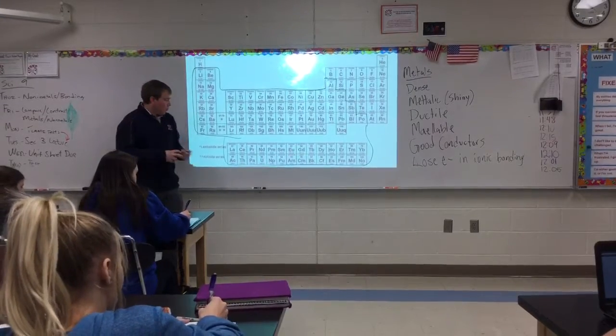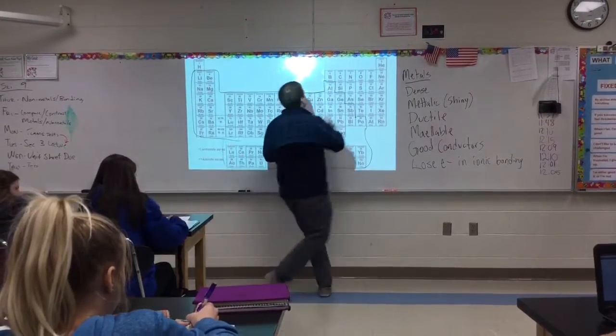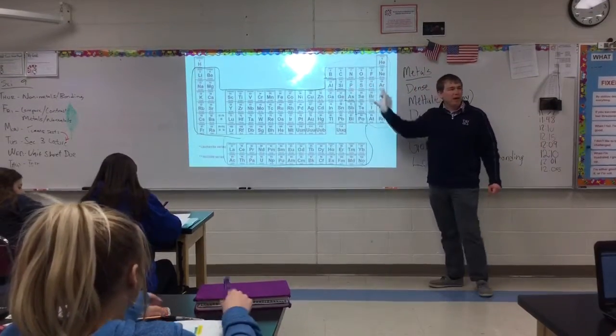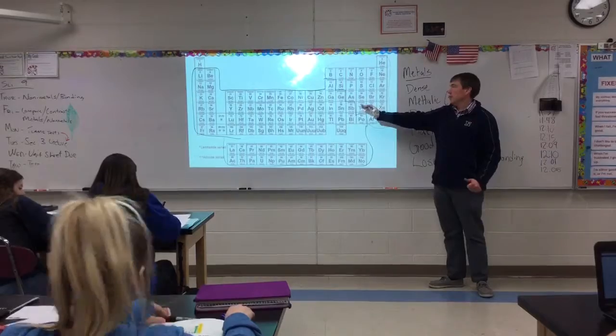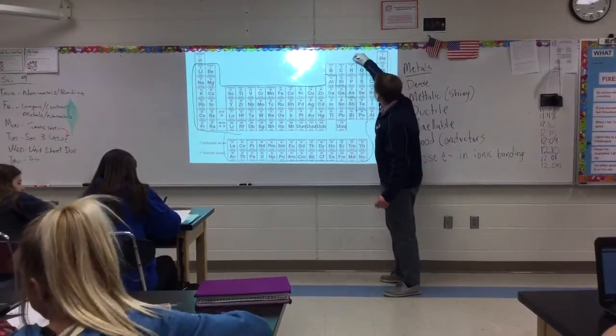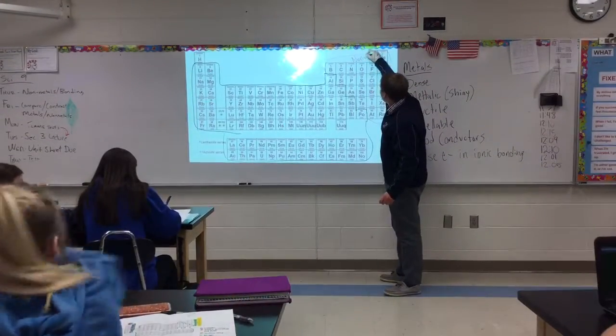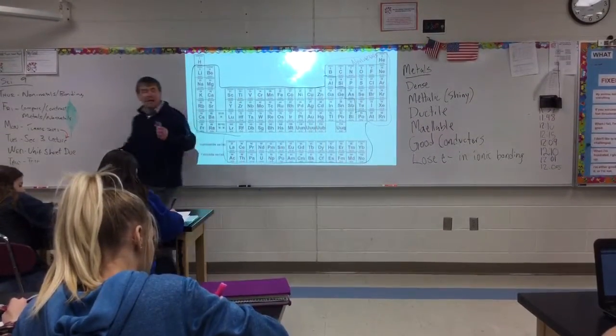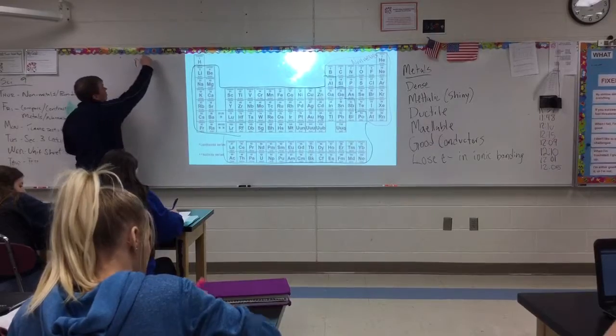The other section is the nonmetals. There are some metalloids, obviously, but this is the main division. What are some properties of nonmetals?